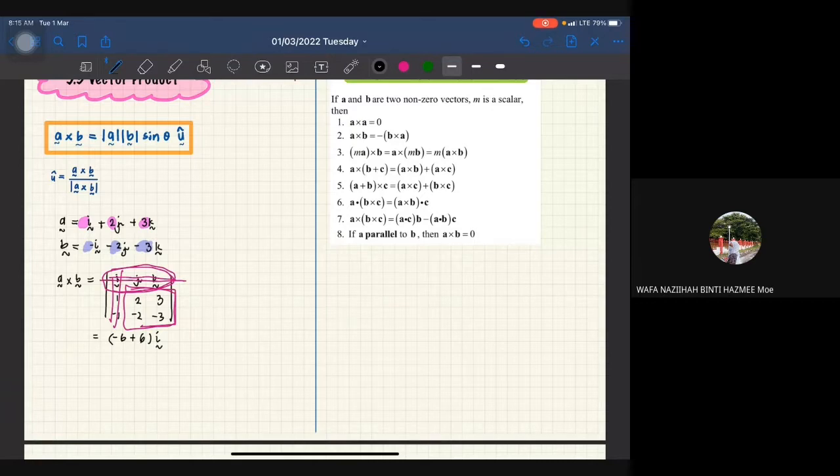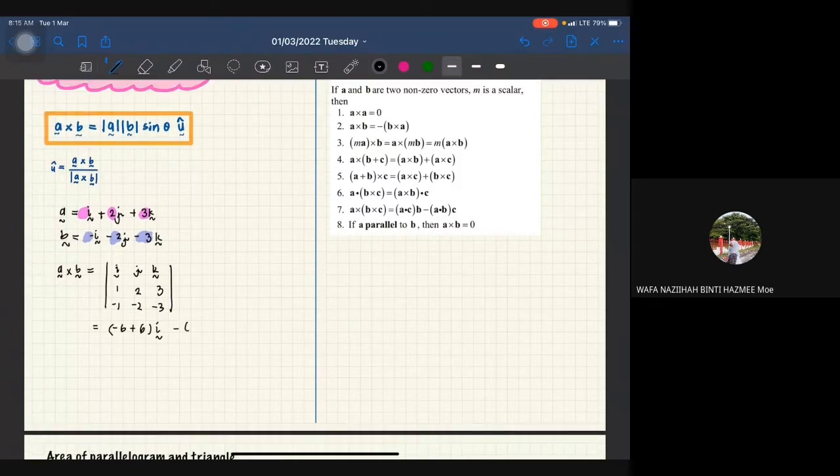Okay, so for the second term we alternate the plus minus. So when the first one is positive, the second one will become negative. So it's negative. Okay, and then you cancel this one with this one. So you will get negative 3.